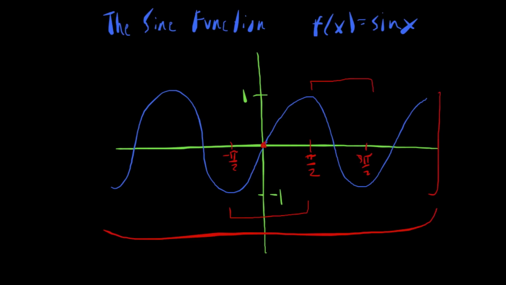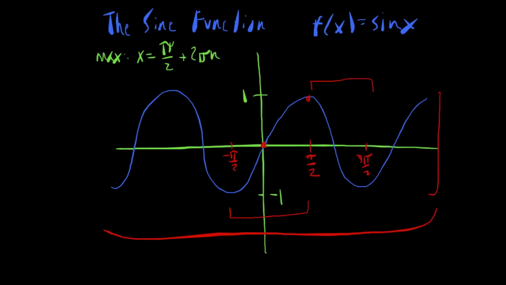It has a relative maximum at the point x equals pi over 2, but it is repeating, so every maximum can be found by x is equal to pi over 2 plus 2 pi n, where n is an integer.